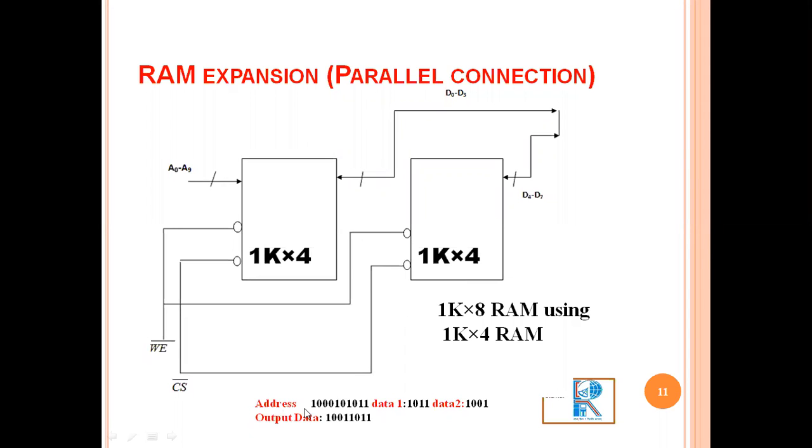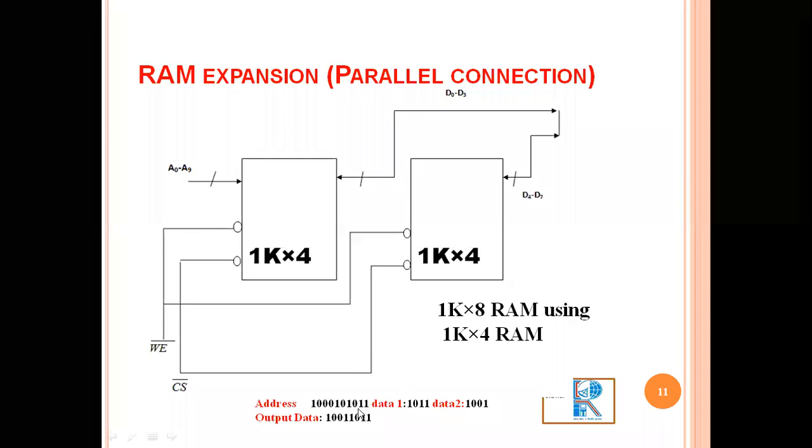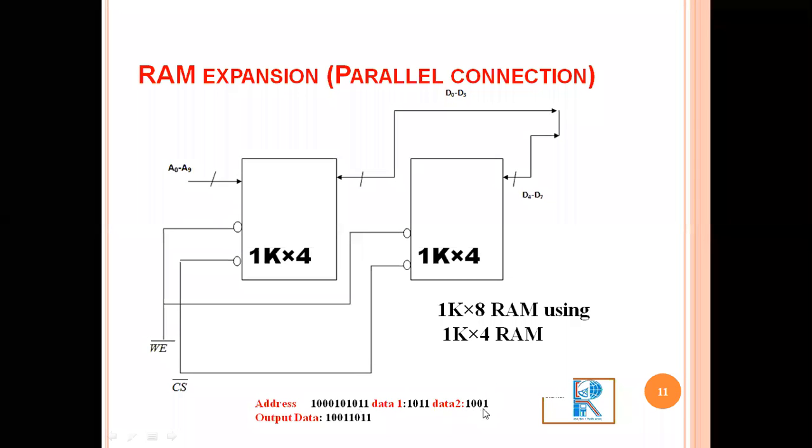Now suppose the address is 1000101011. Clear? So 1, 2, 3, 4, 5, 6, 7, 8, 9, 10: a 10-bit address. If I give this address, suppose the data stored at this address in RAM 1 is 1011, and the data stored at this address in RAM 2 is 1001.